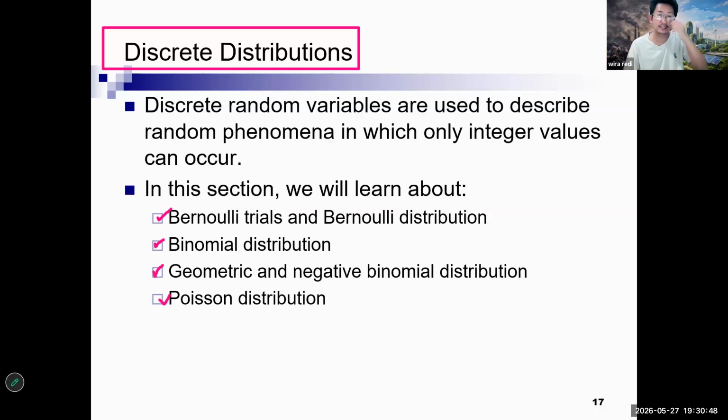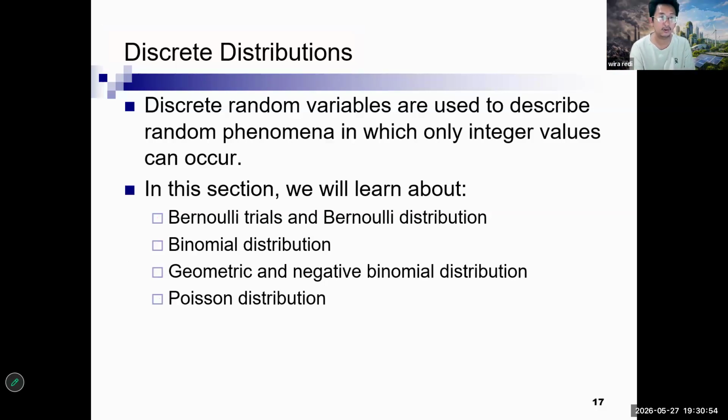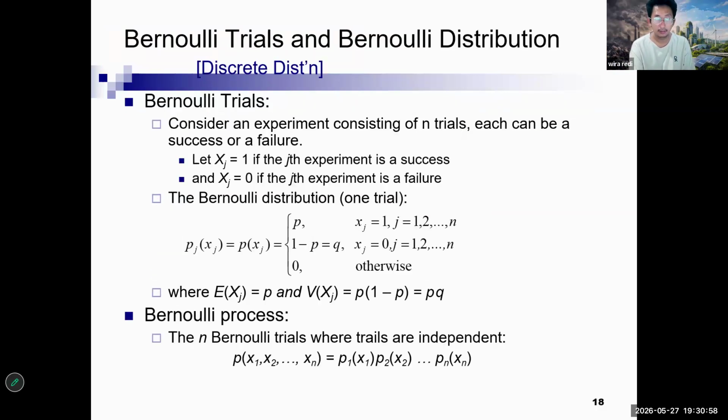The number of calls received, the number of defective items, the number of machines that fail. These are some things you can go for when you want to model those.